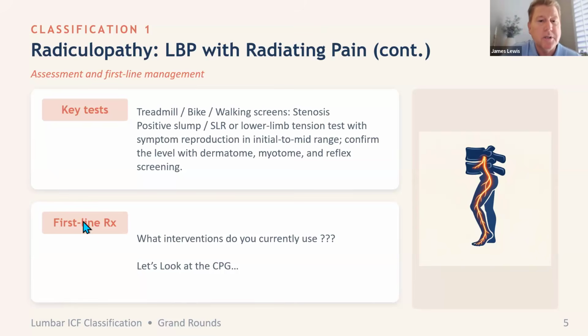Okay. But I'm going to stop right here and I'm going to come back to the group as a whole and ask, what interventions do we currently use for our radiculopathy patients?